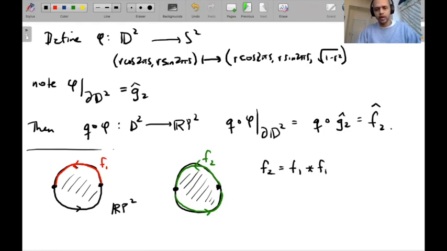Because these two edges are the same. So F2 does this loop, and then it does this loop, but this loop is the same as this loop. So it's the same as F2 is doing F1 and then doing F1 again. These two vertices are the same point. This is both P. I guess I can label them both as P.